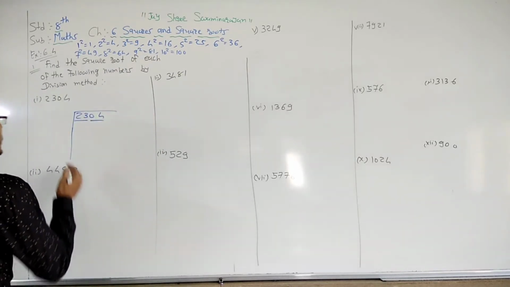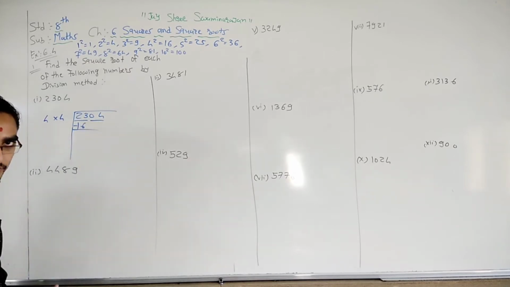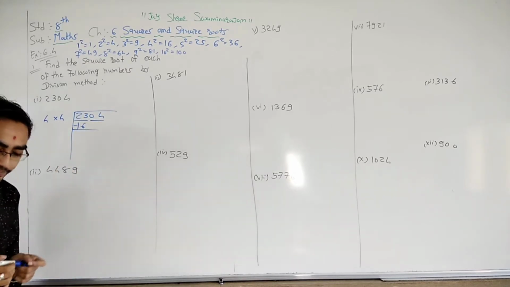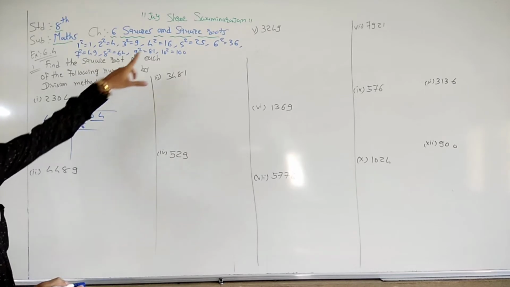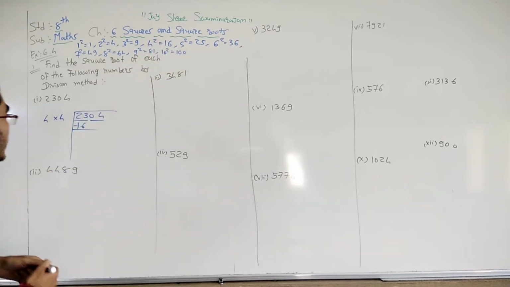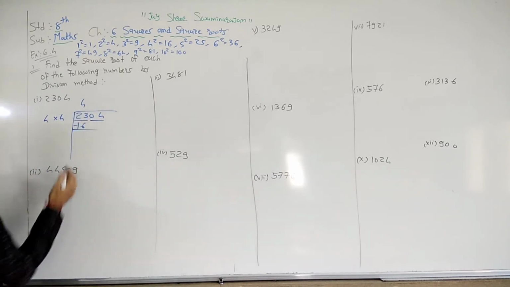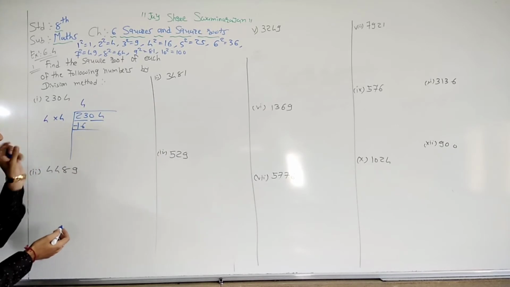So 4 fours are 16, and here you need to write the 4 as well. This is our answer. Now 23 minus 16.